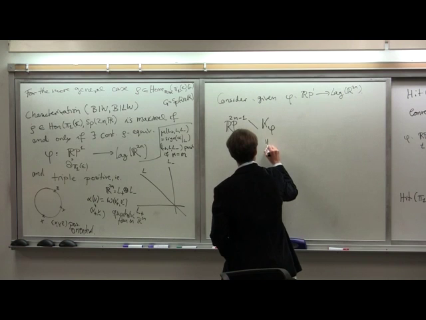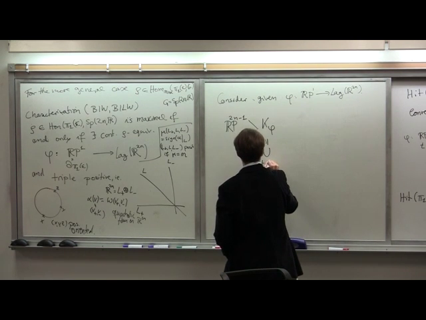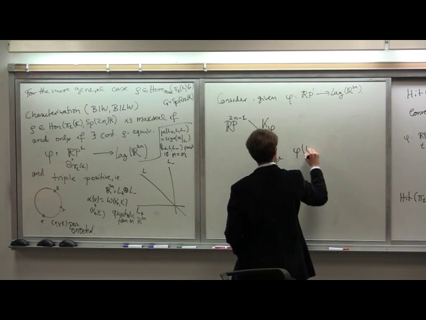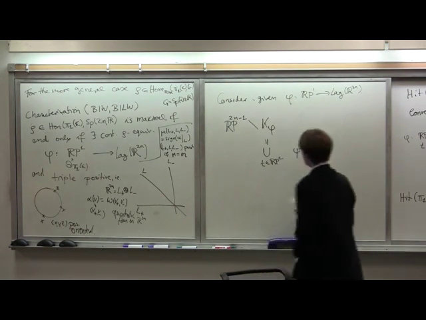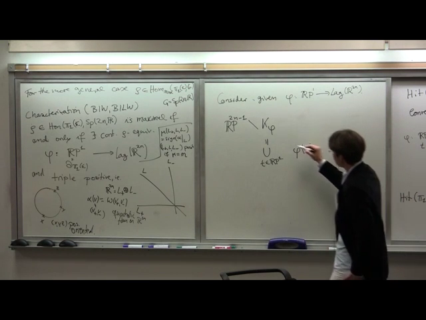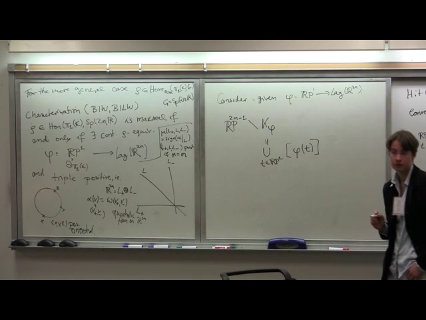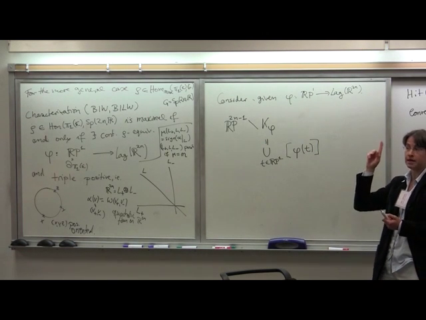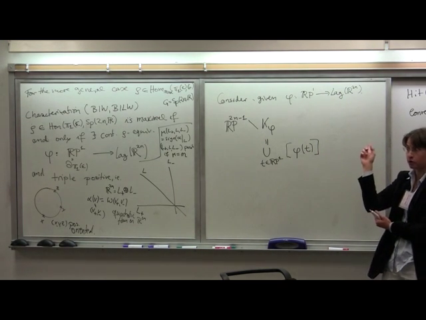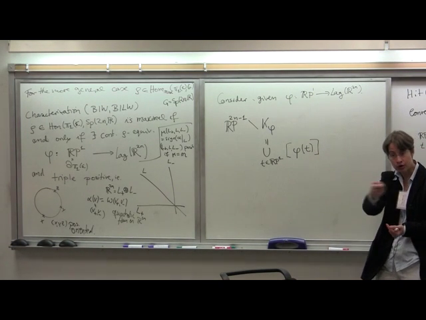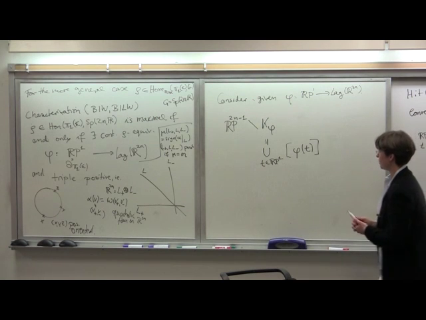So what is K phi? It's a union for all t in RP1, so for all points on the circle, I take my Lagrangian subspace phi of t, this half-dimensional subspace, and I take all lines which are contained in it. This removes an RPn minus 1 for every point on the circle, so I have a circle of RPn minus 1s, which I remove.